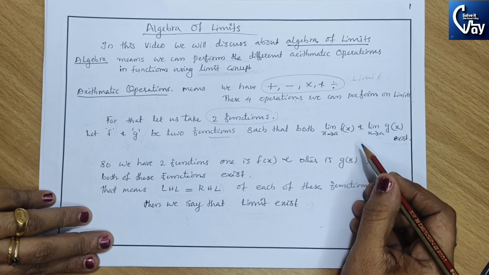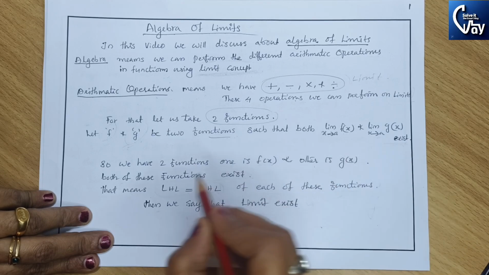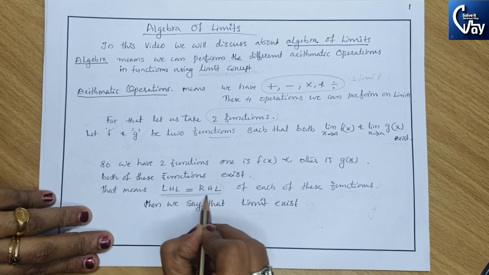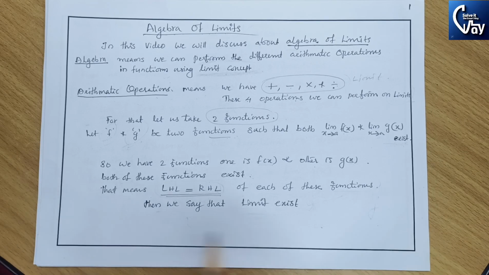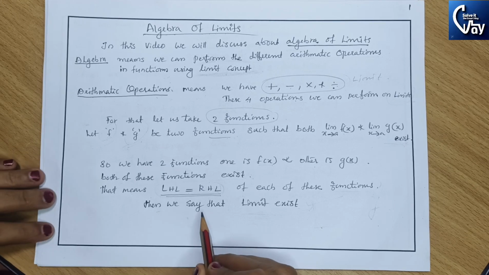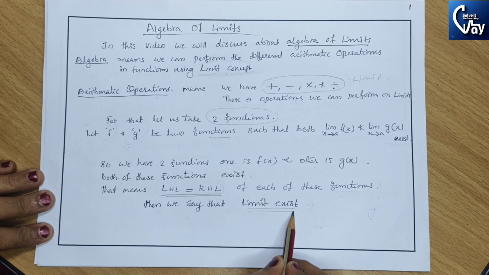If the limit exists, it means the left hand limit is equal to the right hand limit for each of these functions. Only if the left hand limit is equal to the right hand limit do we say that the limit exists.